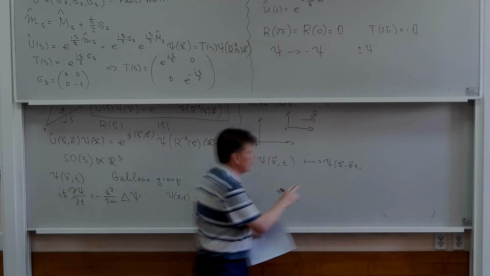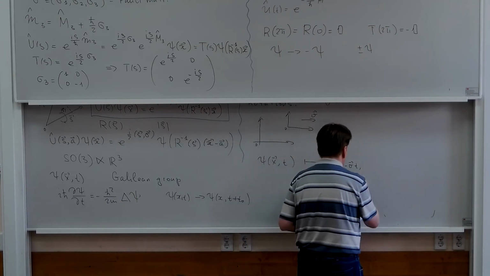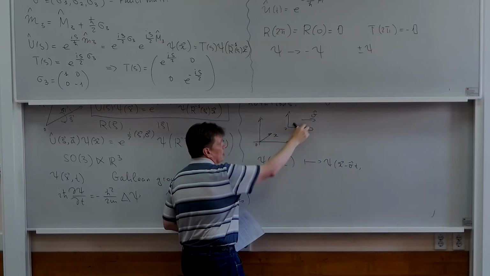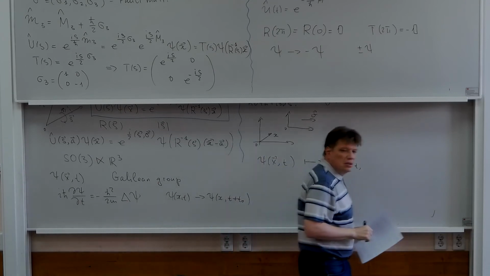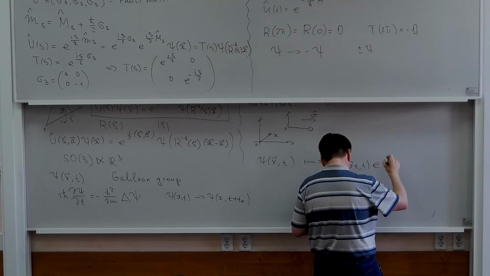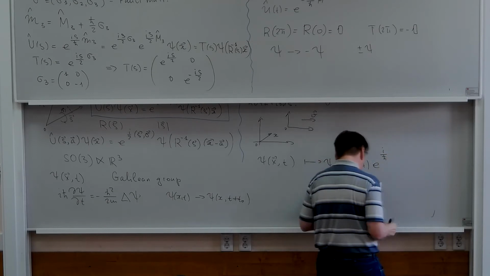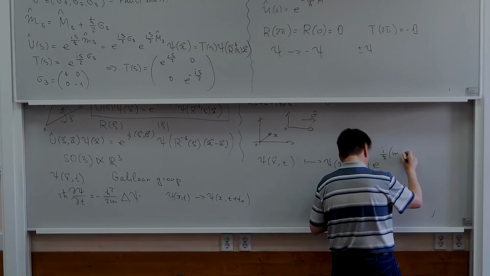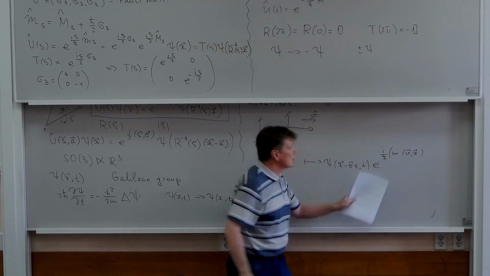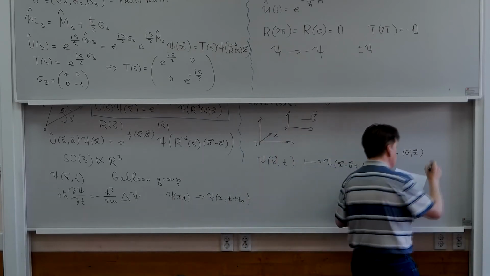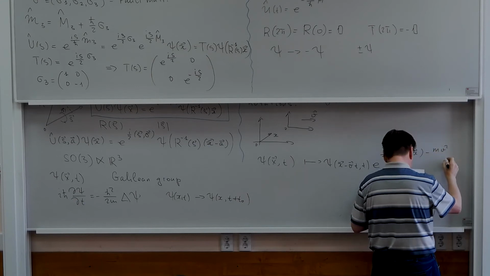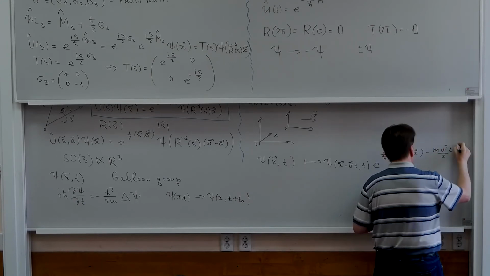This is quite clear, just from classical mechanics, the transformation law for the radius vector in terms of the new reference system. But then we have some non-trivial phase factor, exponential of i over h bar, m times the scalar product of v and x minus m v squared t over 2.